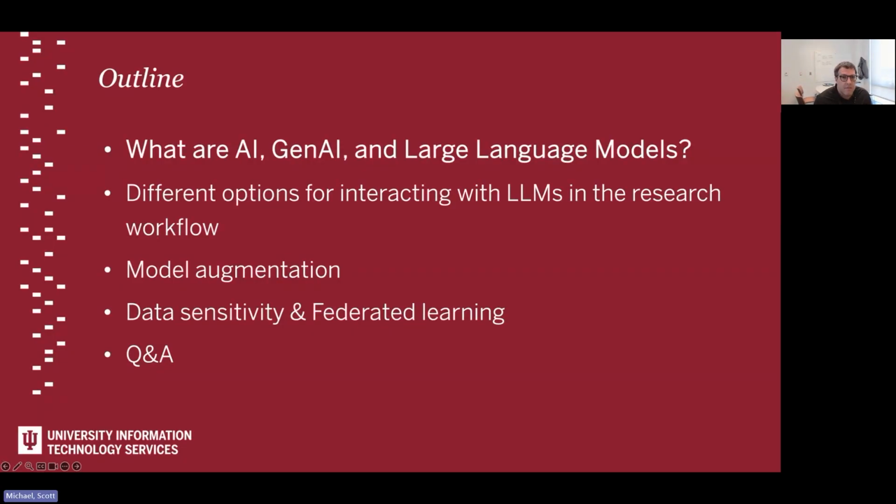Then I'll focus specifically on LLMs and their place in research. And then we'll talk a little about the possibilities for designing your own models and deploying those, or leveraging the services that we already have here at IU.